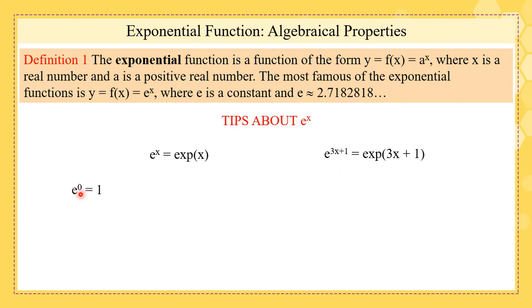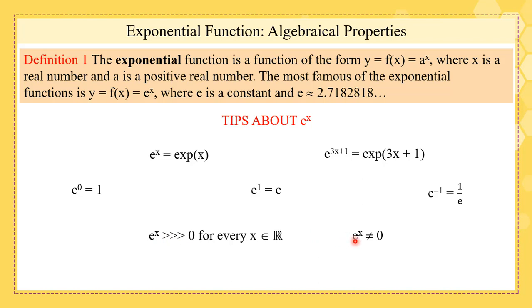Well, e to the power 0 is 1. e to the power 1 is e, which is about 2.7. It's a constant. e to the power negative 1 is 1 over e. And e to the power x is a positive quantity for every x belongs to R. In fact, it's strictly positive and it can never be equal to 0 because e is 2.7 and 2.7 to any power is positive.